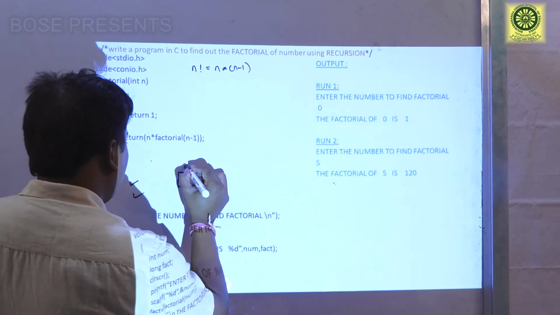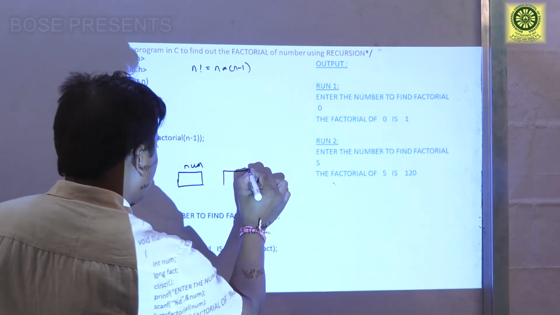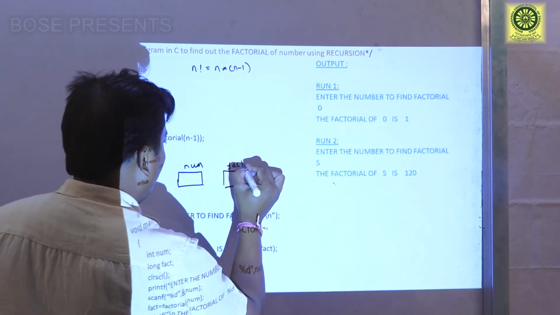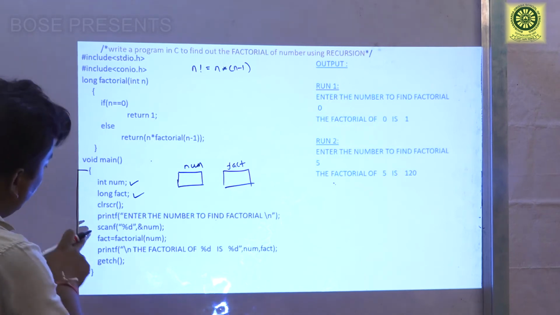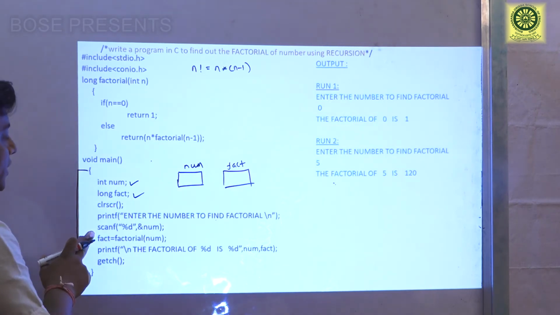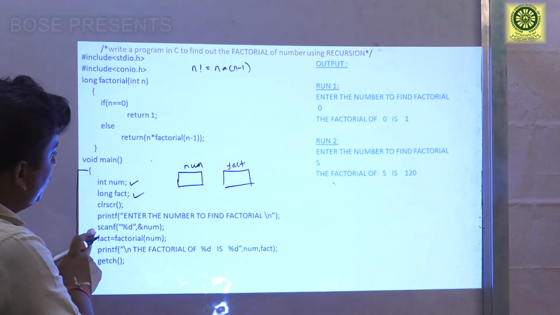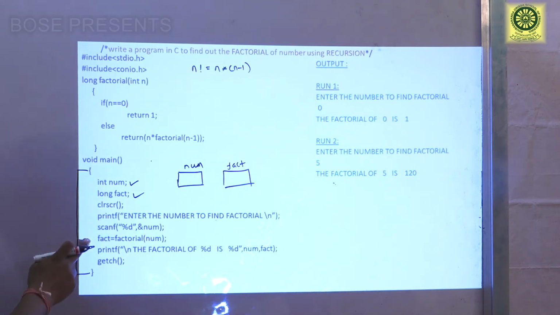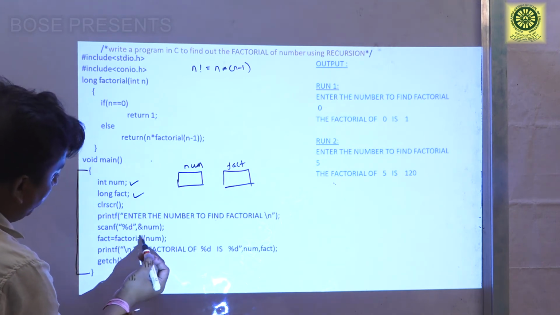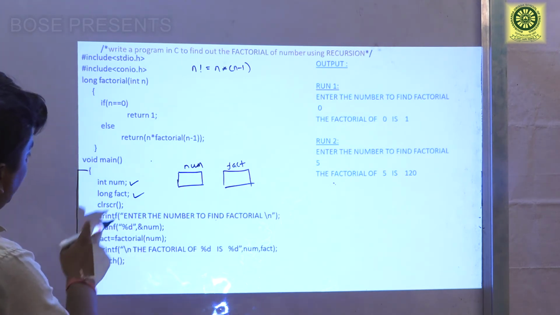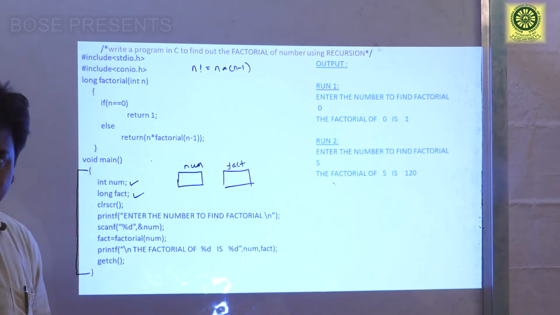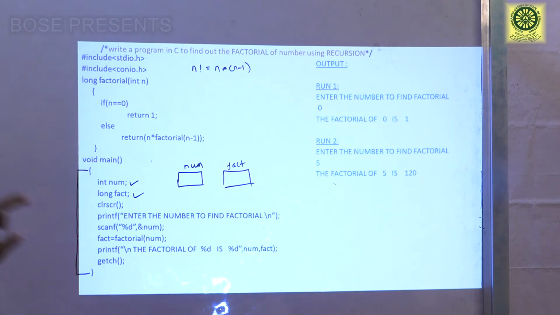Two memory locations will be associated with this program: one is num, another one is fact. Whatever number is given by the user will be stored in this memory location. And here I have calculated the factorial of a particular number and stored it in the variable fact. Let's take the value and we will discuss all these things.